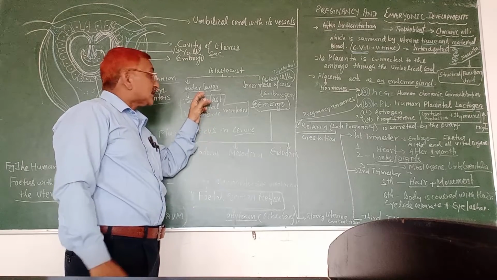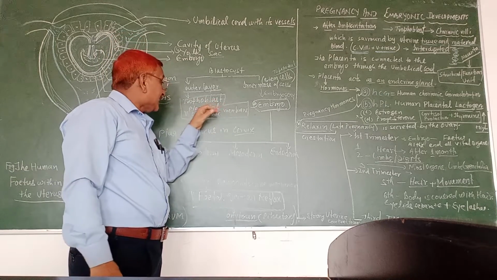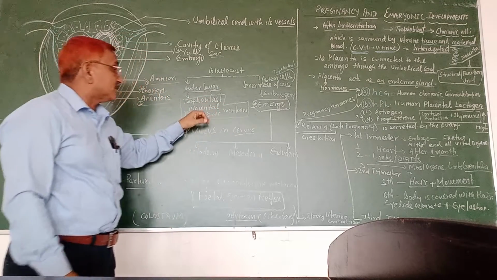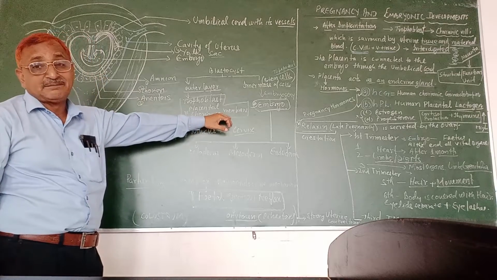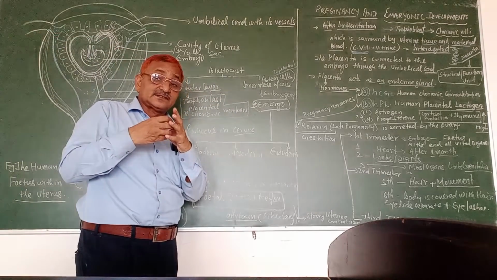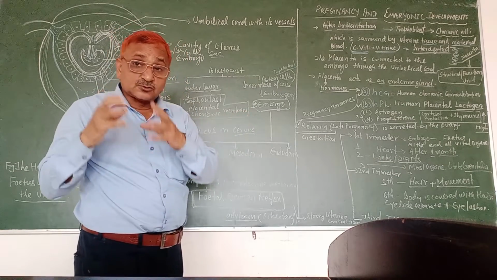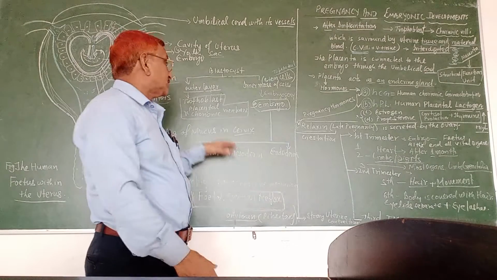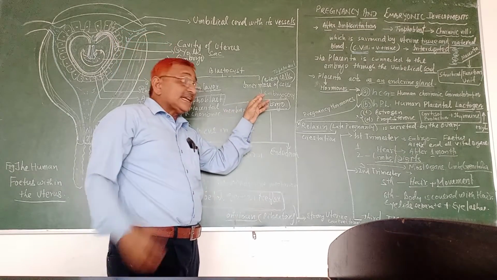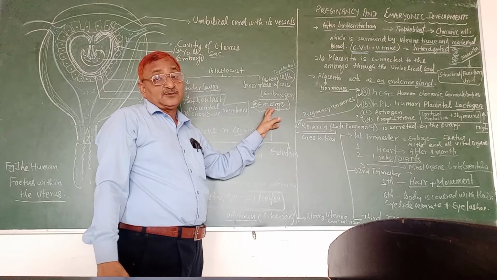That outer mass of the cell forms the trophoblast, which further forms the placenta and chorionic membrane. But the inner mass, what is left inside in the blastocyst implanted in the uterine wall, differentiates into the embryo.